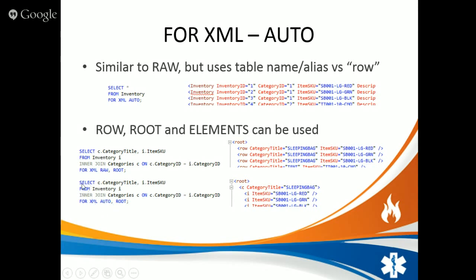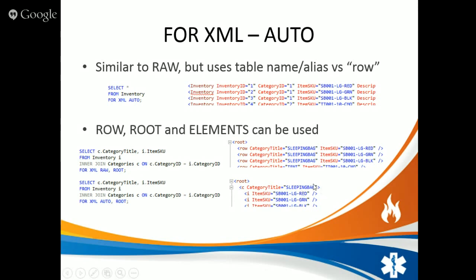Then the second query down here, I have two tables, aliased I and C, inventory and categories. I say for XML auto with a root, and it defaulted the name to root. And then for each of the nodes, since there's one category for multiple items, it aliased the category section.